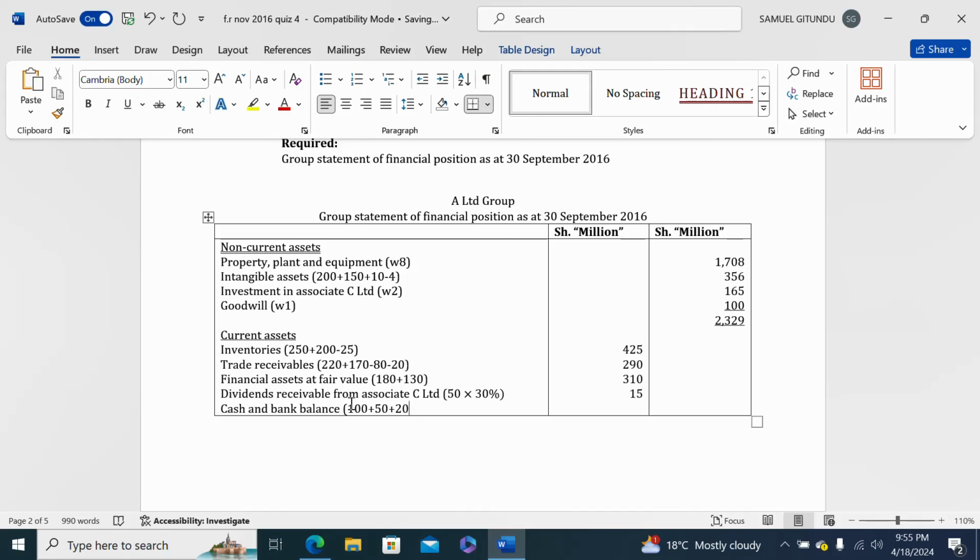It was sent, but it has not yet arrived at the destination. If you do this, you get your cash and bank balance of 170. So we add all of these current assets.